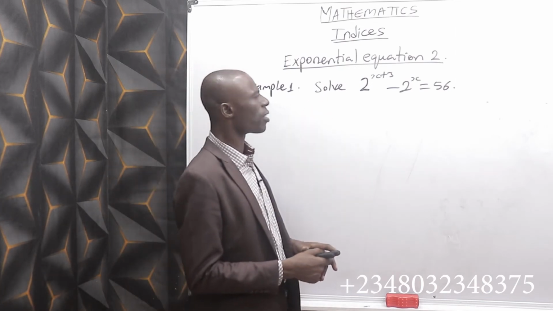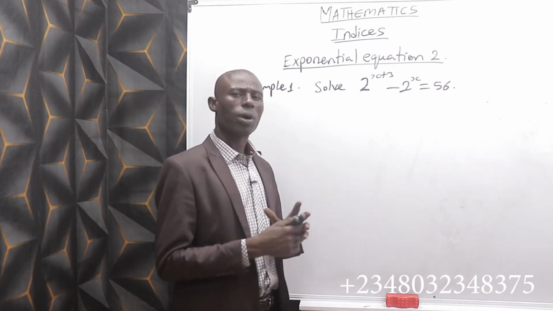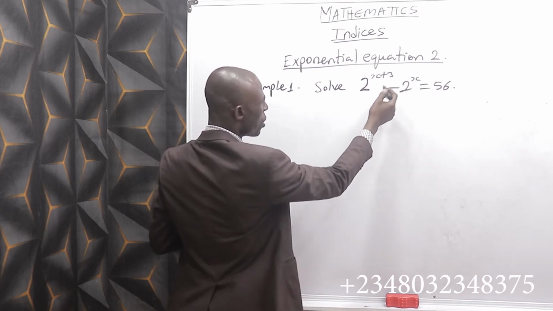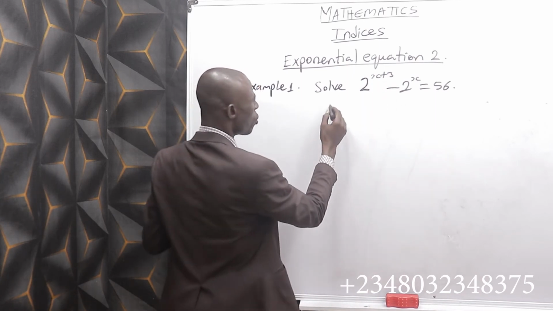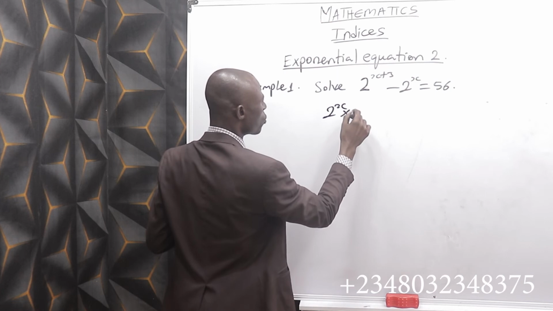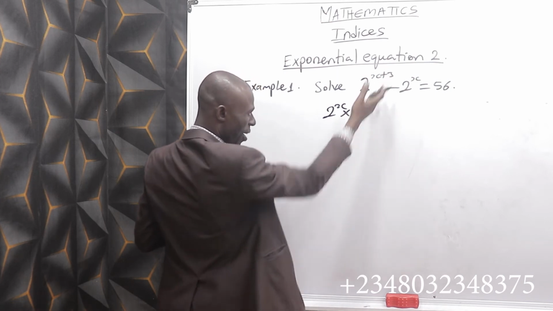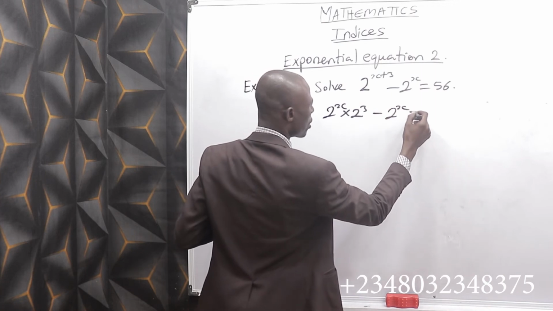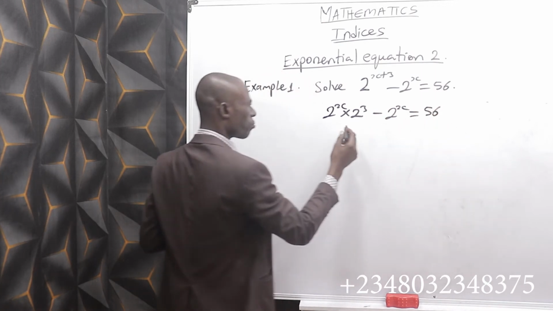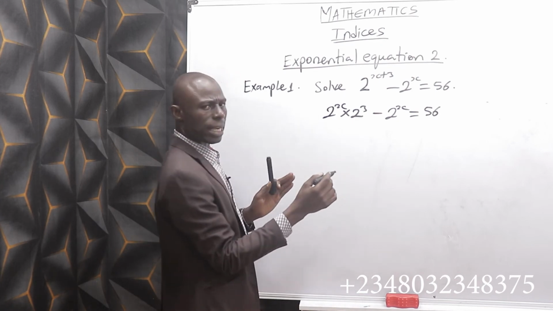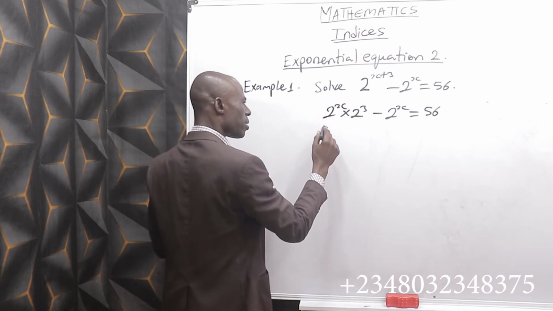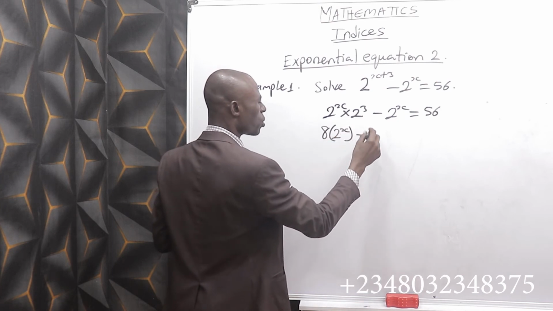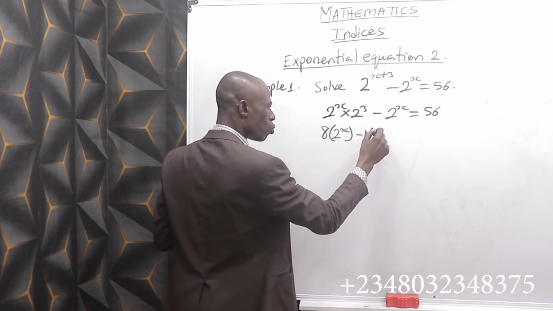So, example 1. Solve 2 raised to power x plus 3 minus 2 raised to power x equals 56. Deal with this by reversal. You have 2 raised to power x times 2 raised to power 3, a way of reversing it, minus 2 raised to power x equals 56. 2 raised to power 3 is 8. 8 times 2 raised to power x is 8 into 2 raised to power x minus 1 into 2 raised to power x.